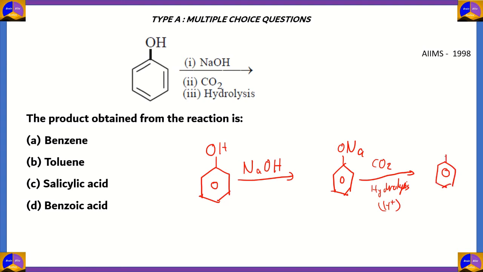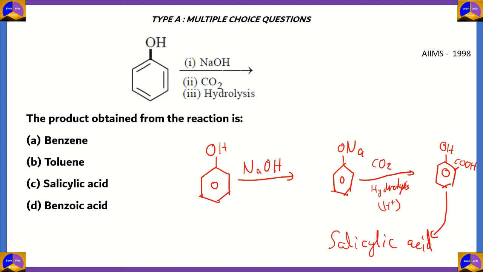The sodium is removed and you get a hydrogen in its place, and the carbon dioxide is added to the ortho position of this phenol. So you have COOH. One of the H's goes here, another H goes at the top of the functional group so that the two valencies get satisfied. So this is the compound that we get. We have an OH group and a COOH group. This is what we call salicylic acid.